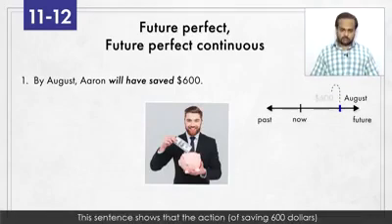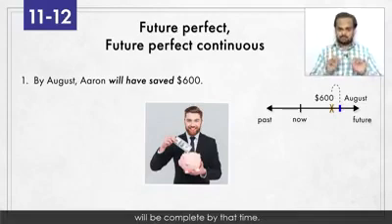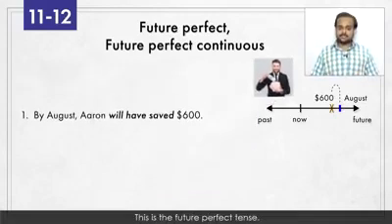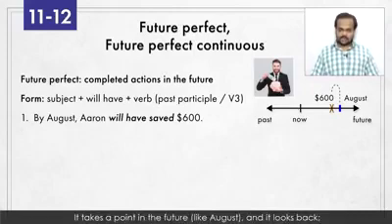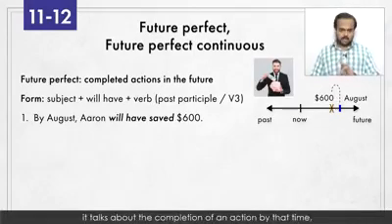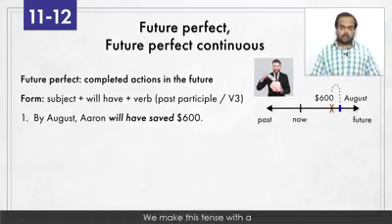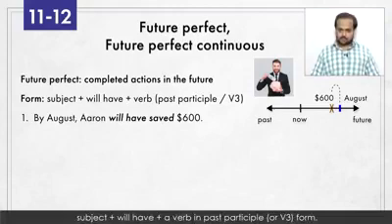This sentence shows that the action of saving $600 will be complete by that time. This is the future perfect tense. It takes a point in the future, like August, and it looks back. It talks about the completion of an action by that time. We make this tense with a subject plus will have plus a verb in past participle or V3 form.